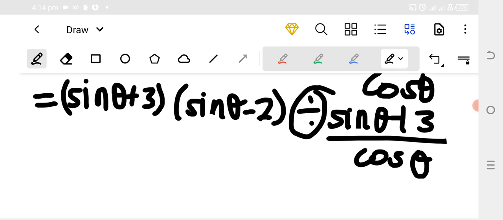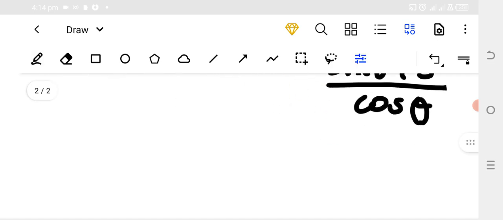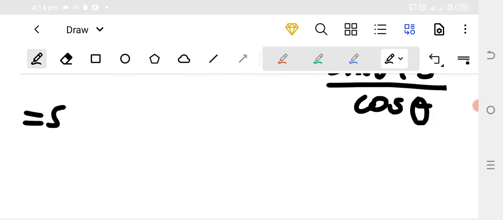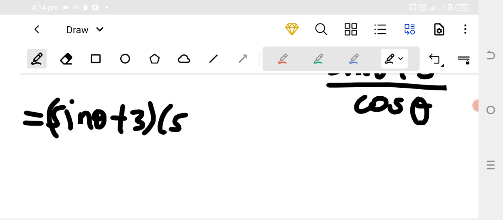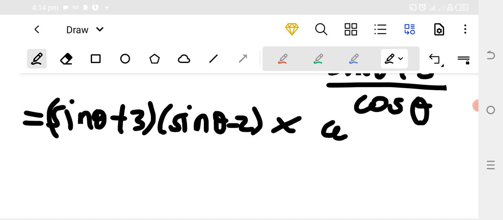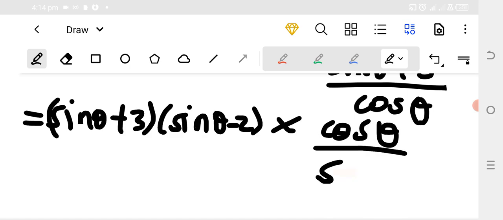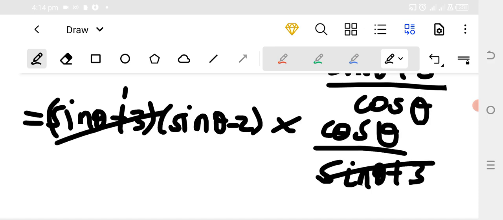It's division to multiplication. So it is equal to sine theta plus 3 times sine theta minus 2 times cos theta. You divide by sine theta plus 3. Sine theta plus 3 will cancel out sine theta plus 3, giving you 1.